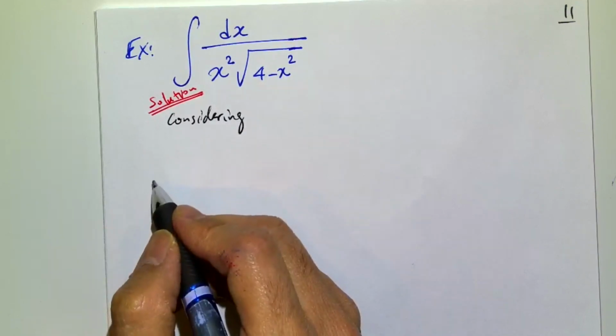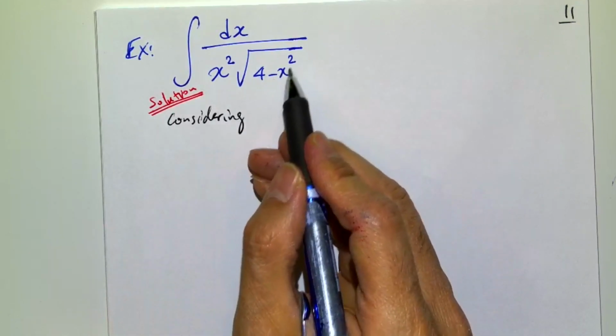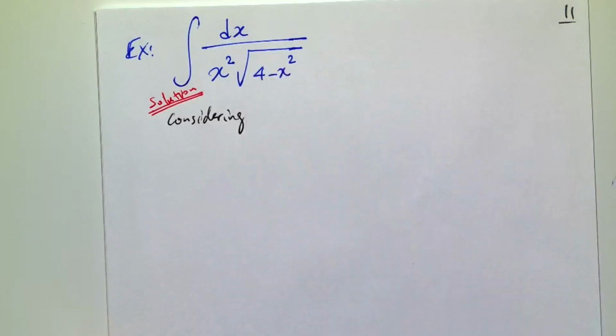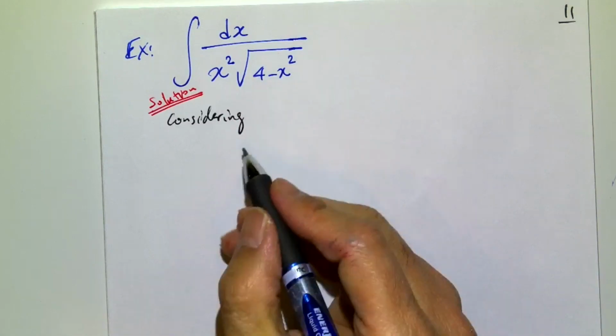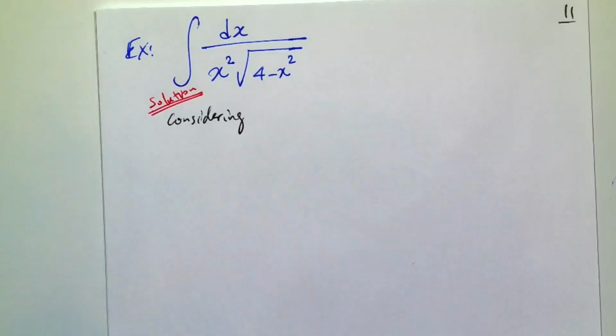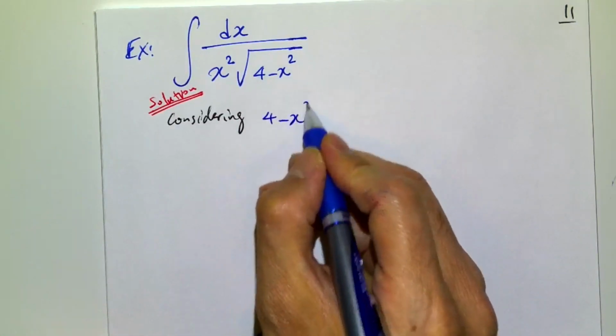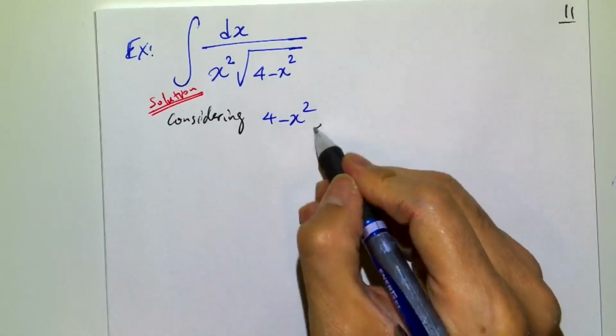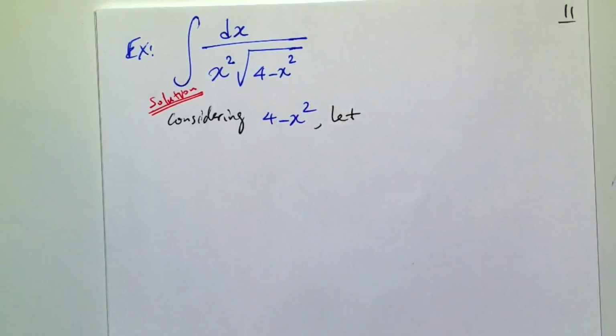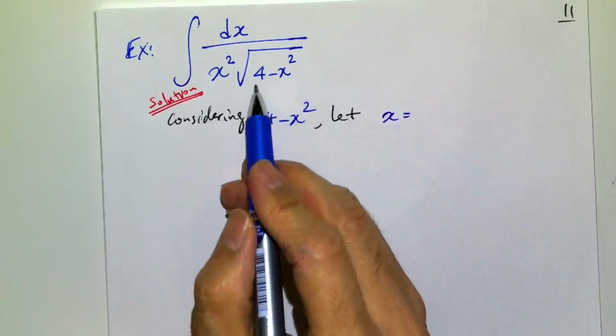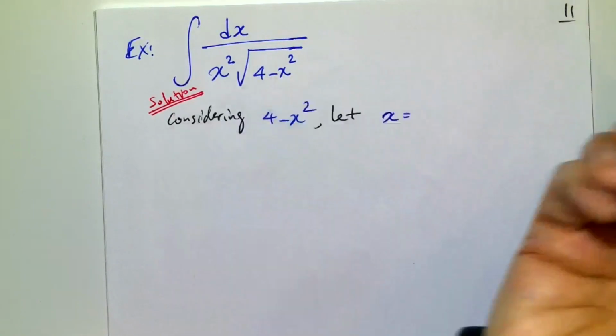So considering that we have 4 minus x squared, this is one of those cases that says a squared minus x squared, right? Then let x be a, so 4 would be 2 squared, right?